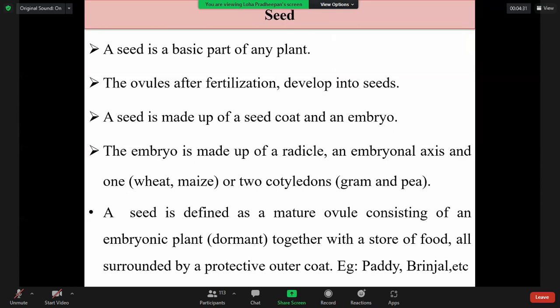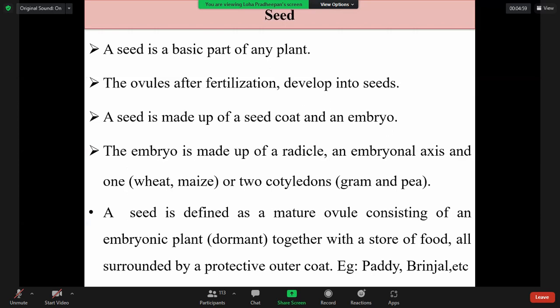If it is a monocot, 1 cotyledon we are able to see, like rice, maize, wheat. And 2 cotyledons we can observe in the dicotyledon crops like green gram, black gram or peanut. So simply, overall we can define the seed.